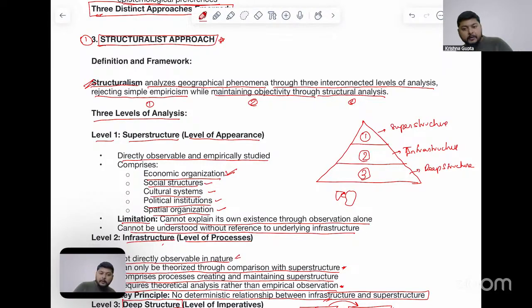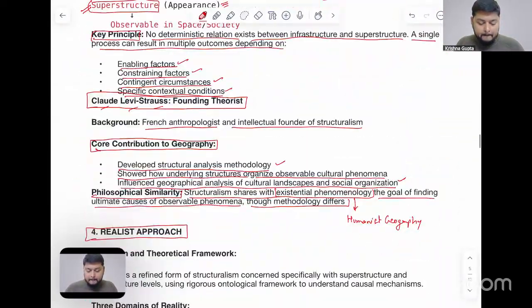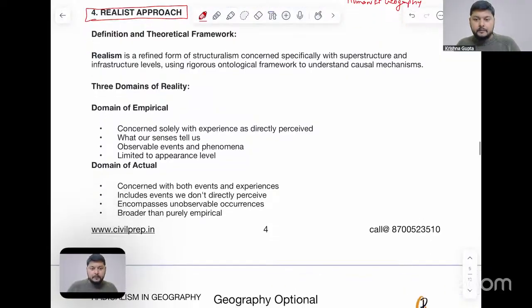Do you have any doubt in this topic? Okay, then let's move forward to the realist approach.